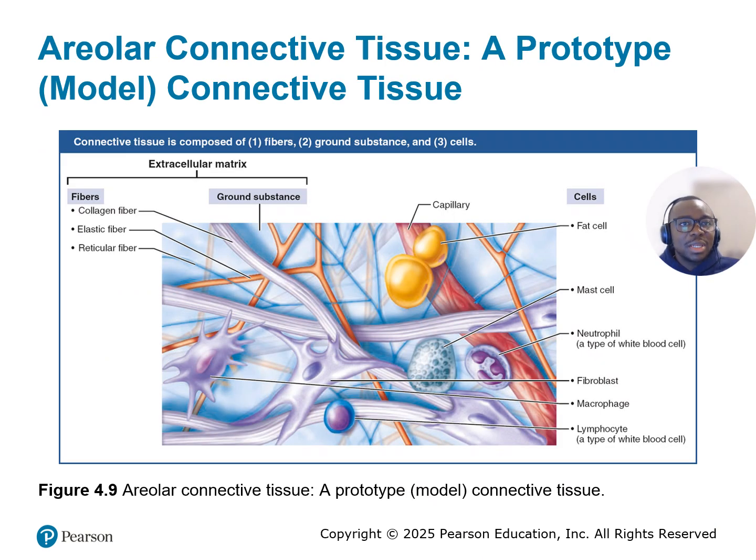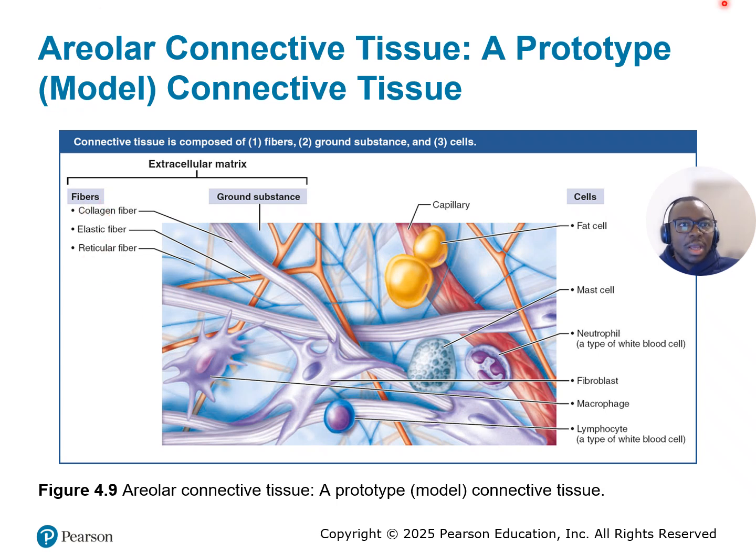This diagram depicts the components of connective tissue and their arrangement. The major components are fibers, ground substance, and cells. Fibers and ground substance make up the extracellular matrix. The three major components of the model are summarized as follows.